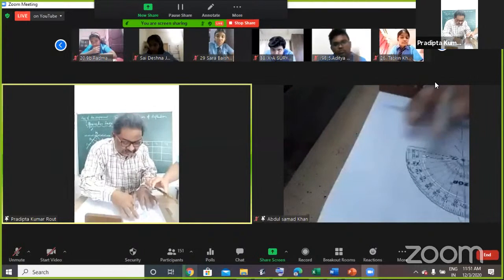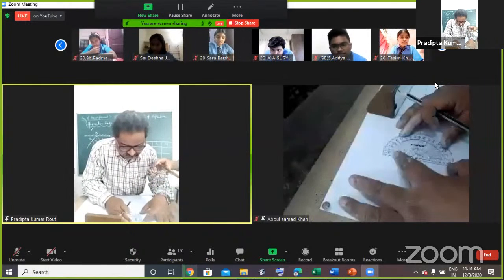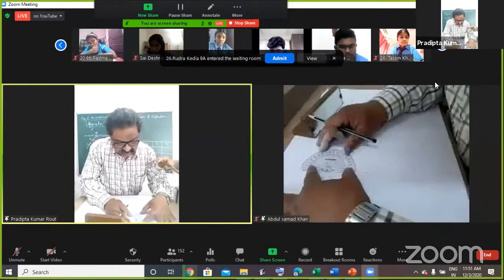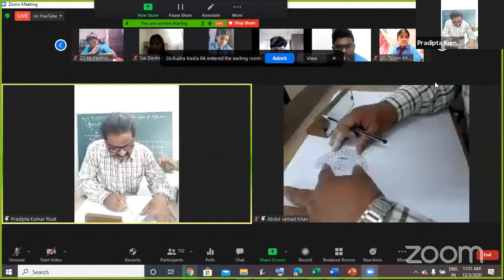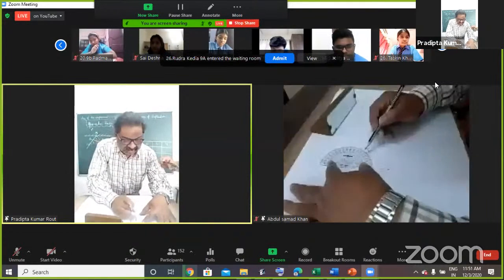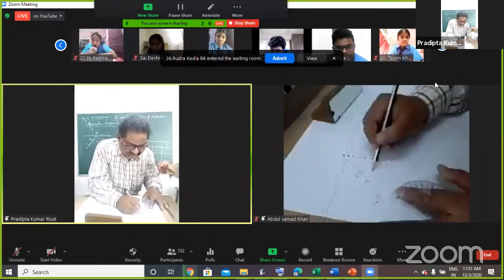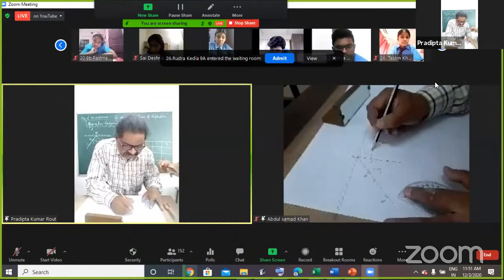This one, let's check it now. Yes, this is also coming 47. So both the angles are coming 47. This angle is 47 degrees. This angle also is 47 degrees.